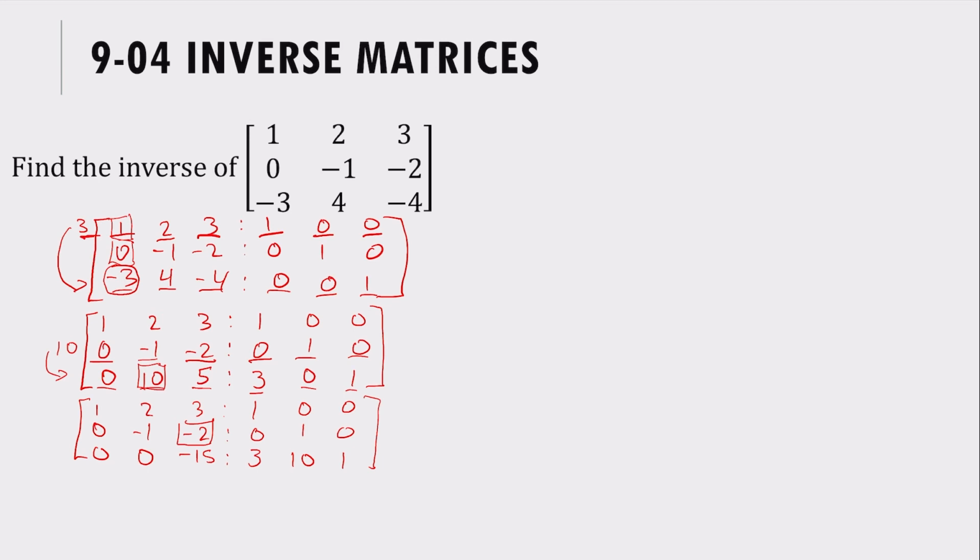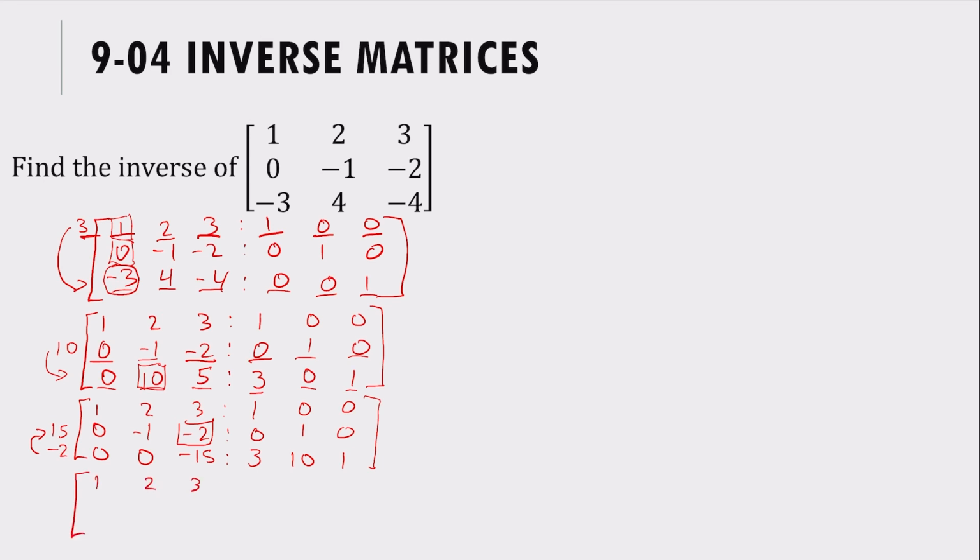So let's say we multiply the 15 by negative 2, and so let's multiply the second row by 15 and the bottom row by negative 2, and then add the bottom to the second row.